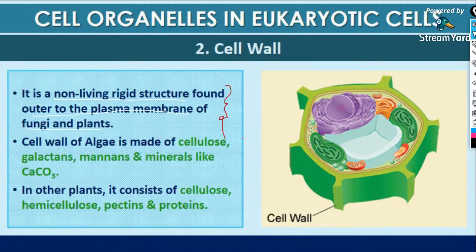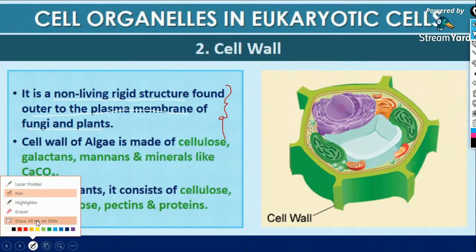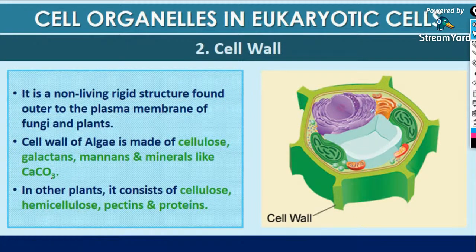Outside the plasma membrane, in the case of fungi and plants, we have the cell wall, and its constitution may be different in different plants and organisms.